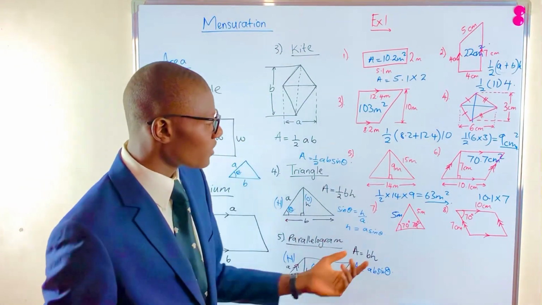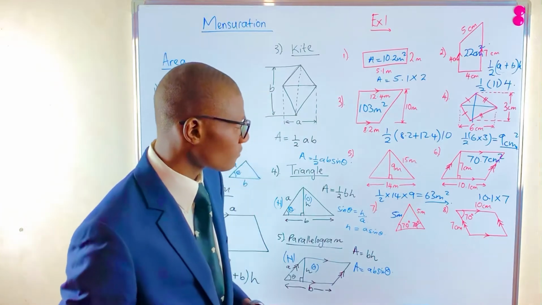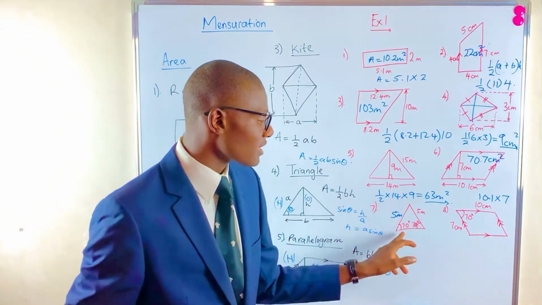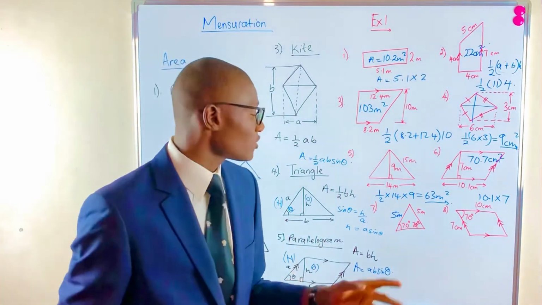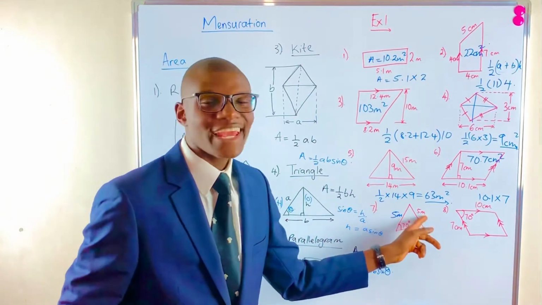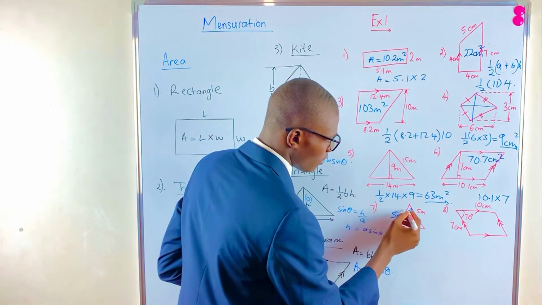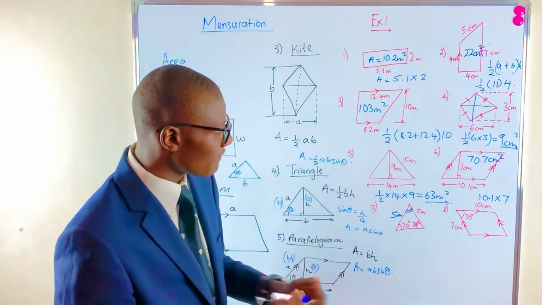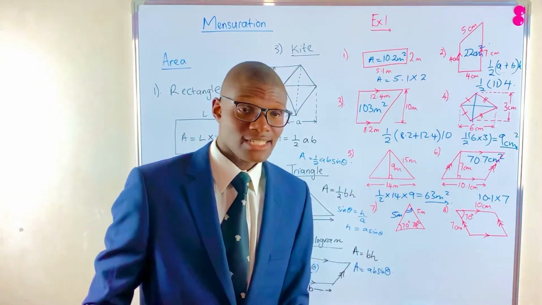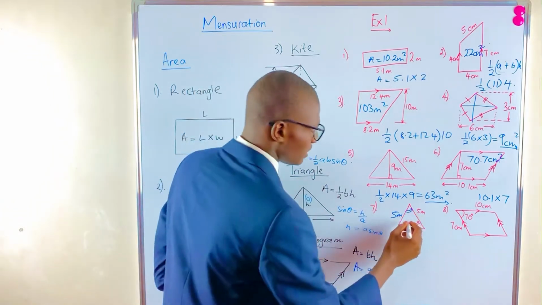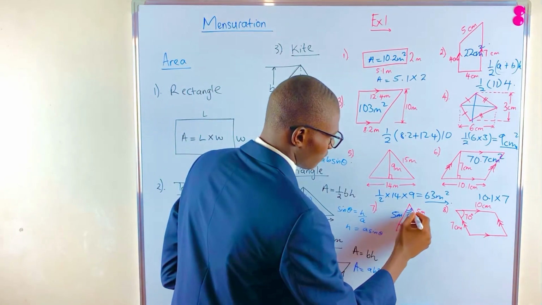So now, if this is 5 meters, and this 5, and then that's 70, we need 2 sides and the included angle. So we have to calculate this angle by simply saying 70 plus 70 from 180, we get 40 degrees.